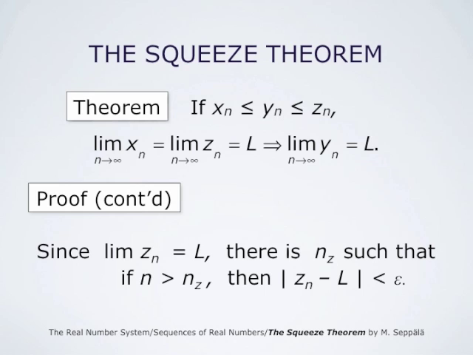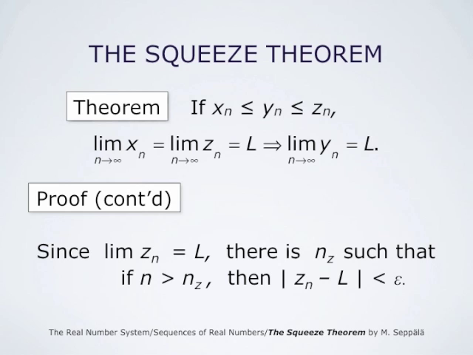Likewise, since the sequence zn has the limit capital L as well, there is a number nz such that whenever n is larger than nz, then the absolute value of zn minus L is less than epsilon.